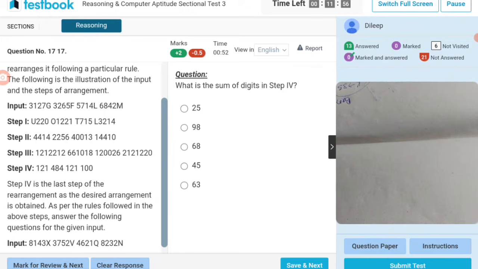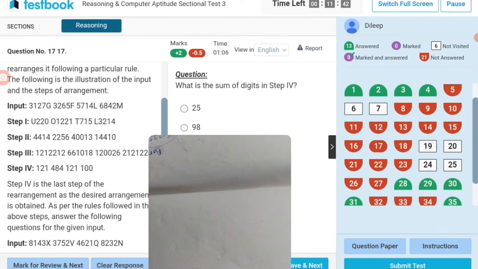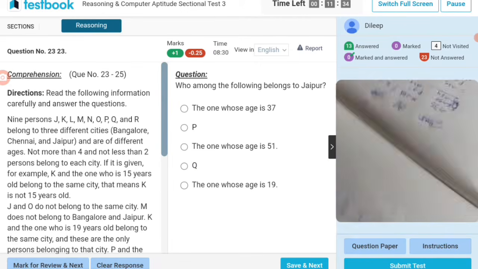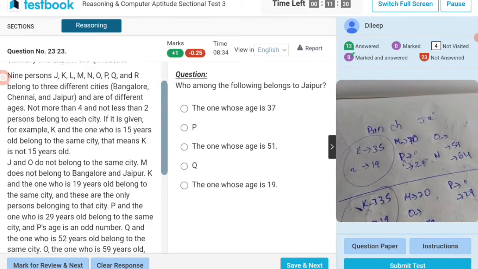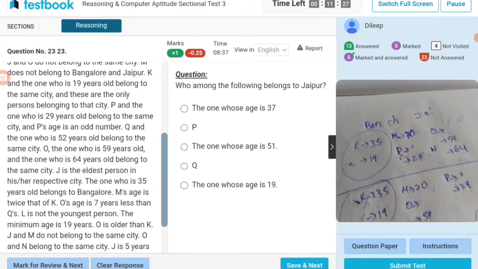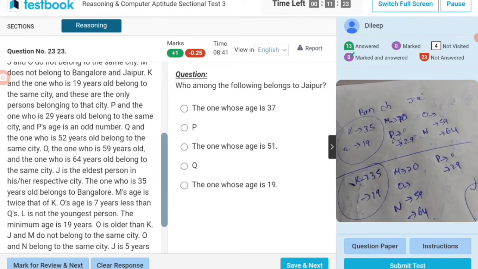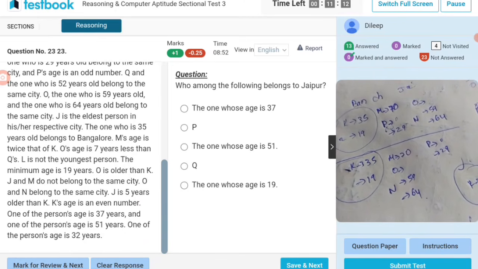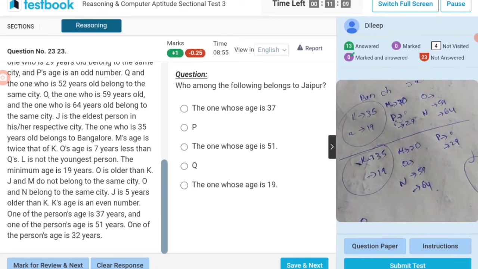Next one. So I think 19, 29, 52, 59, 64, 35, 19, 3, 6, 7. 37, 51, 32.